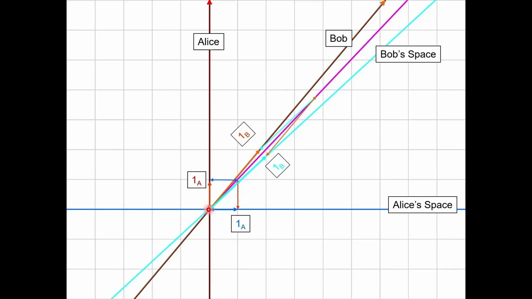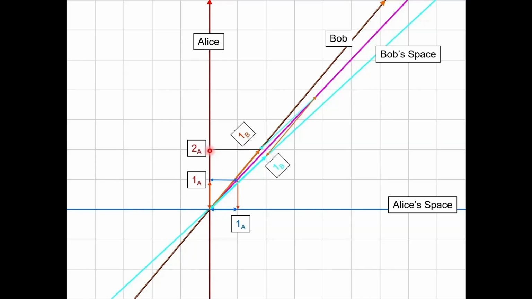Now let's see how Alice sees Bob's 1 second and how Bob sees Alice's 1 second. So if we look at Alice's coordinate system, then we want to know how much time this point is in Alice's coordinate system. And to do that, we go along a parallel line to Alice's space until we hit Alice's world line and see what number we get.